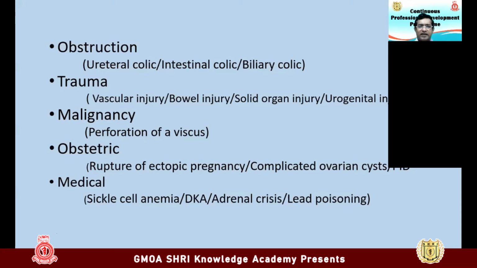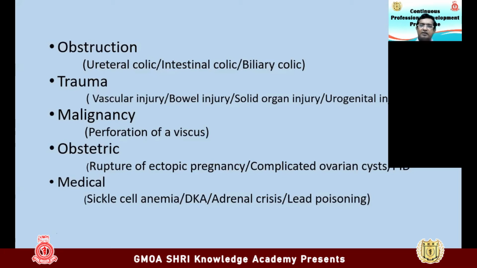This is a difficult area in surgery where we have to differentiate the pure obstetric or gynecological events from pure surgical emergencies. Obstetric components include rupture of ectopic pregnancy, complicated ovarian cyst, sometimes pelvic inflammatory disease, kind of things.